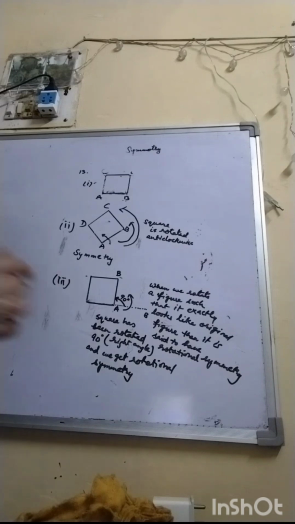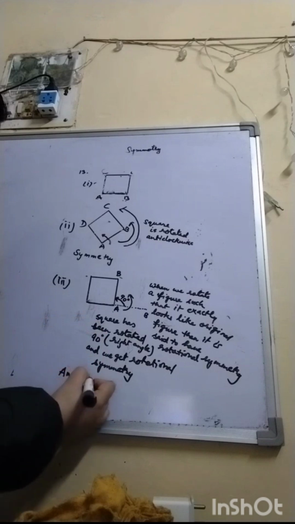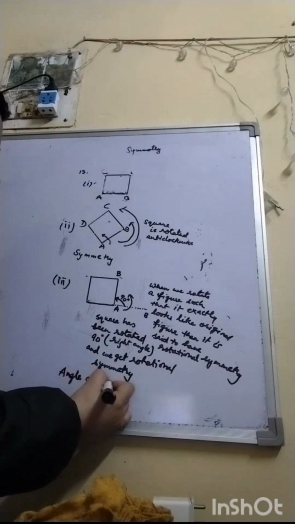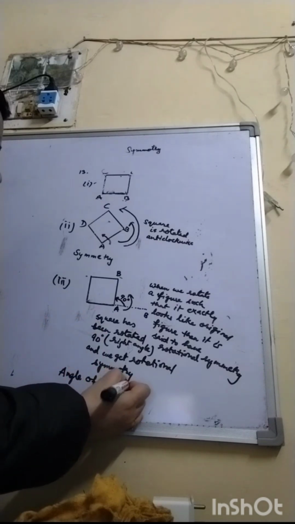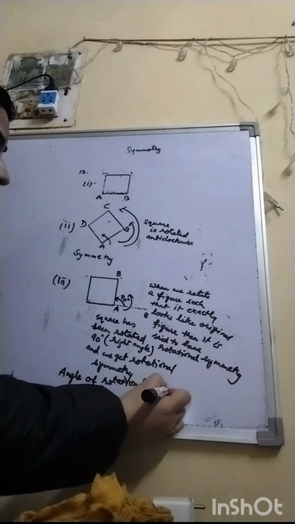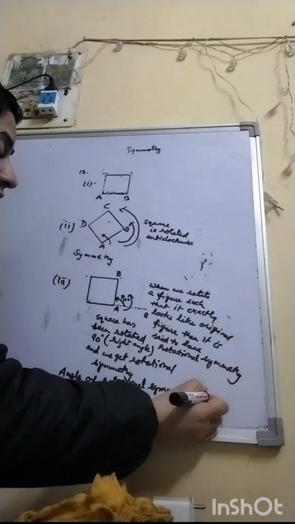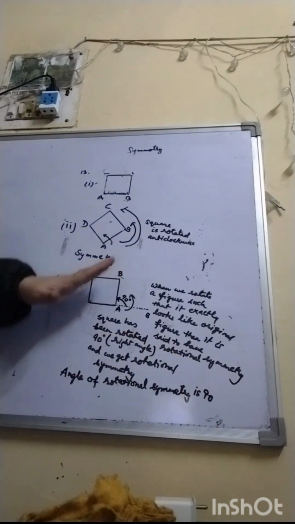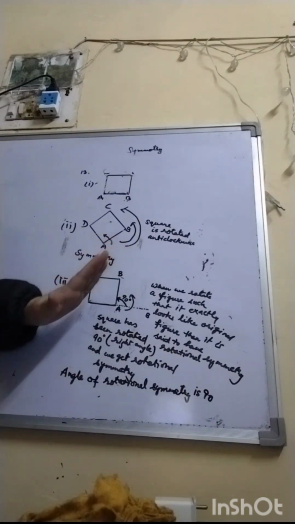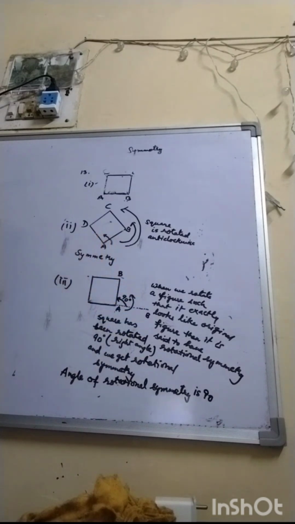So what is the angle of rotational symmetry? The angle of rotational symmetry is 90 degrees. When you rotate the square to 90 degrees, then it becomes a rotational symmetry. It appears the same as the first one.